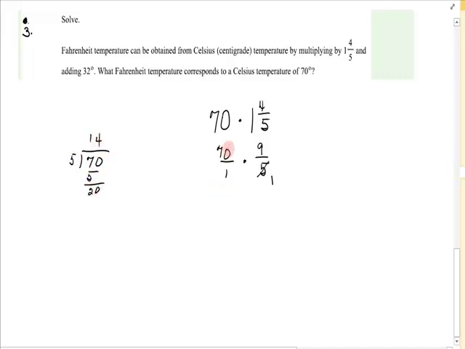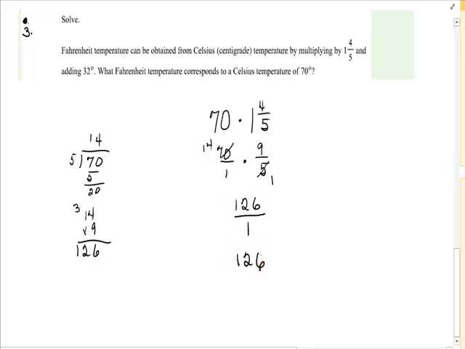So it is 14, 5 goes in there 14 times. Then I have 14 times 9, that's 36, carry the 3, 9 times 1 is 9, plus 3 is 12. It is 126 over 1, which is 126.